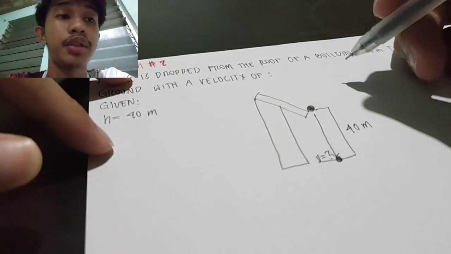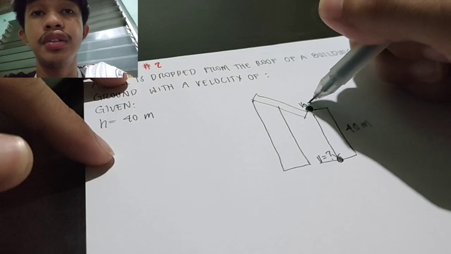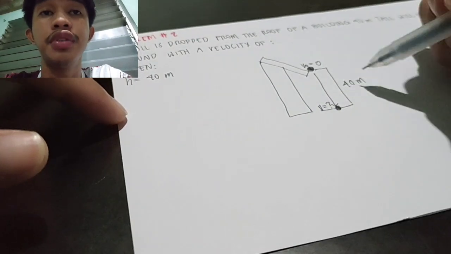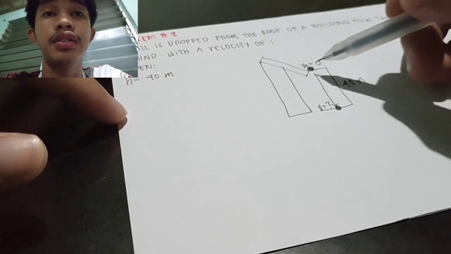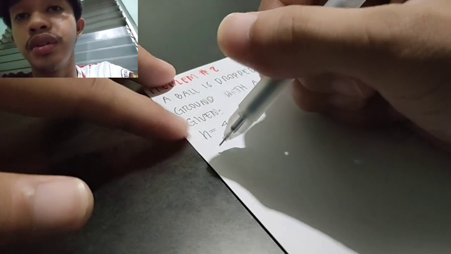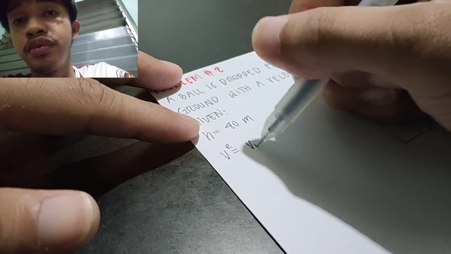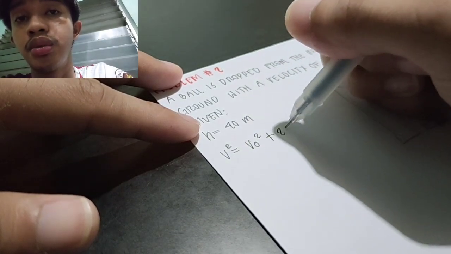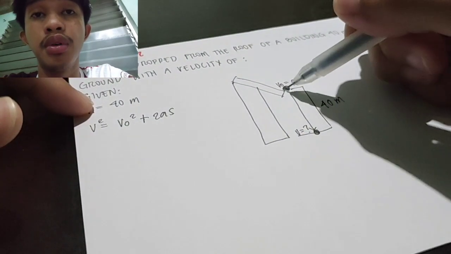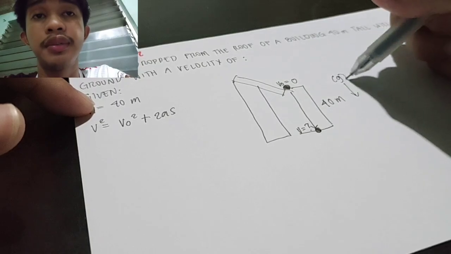We know from the concept of free fall that the initial velocity before it goes into motion or drop is 0. With the given distance from the ground, where the ball is being dropped, we can use the equation v squared = v0 squared + 2as. I'm going to use the plus sign again because the motion of the ball is along with the motion of the gravity.